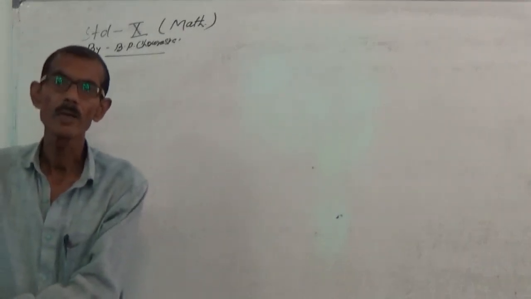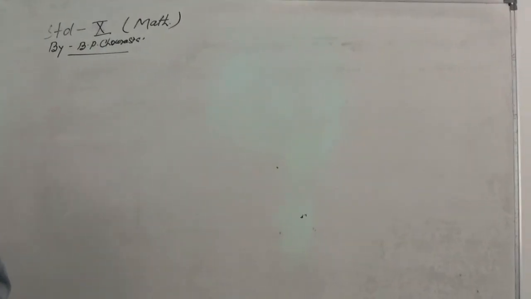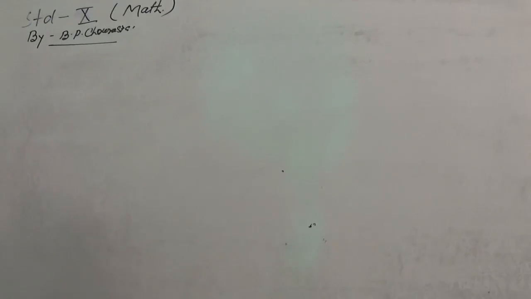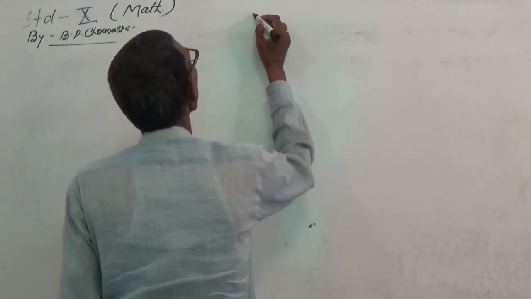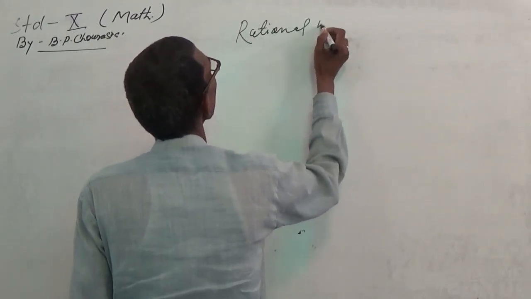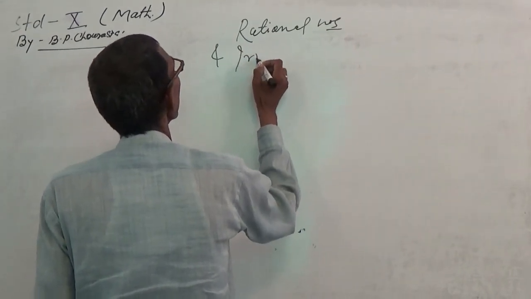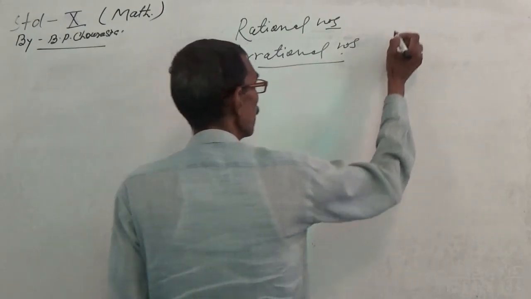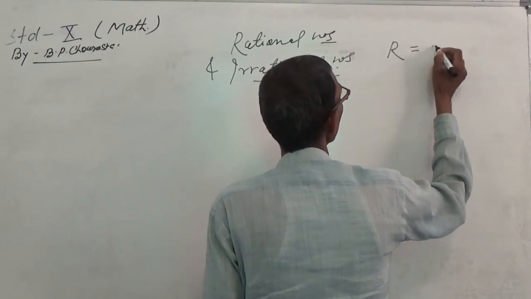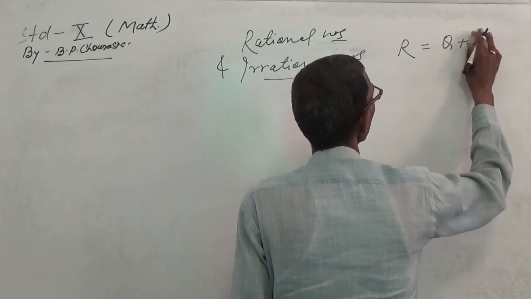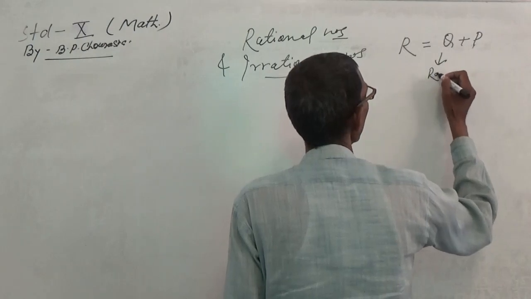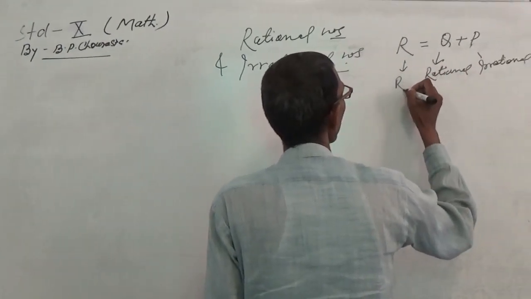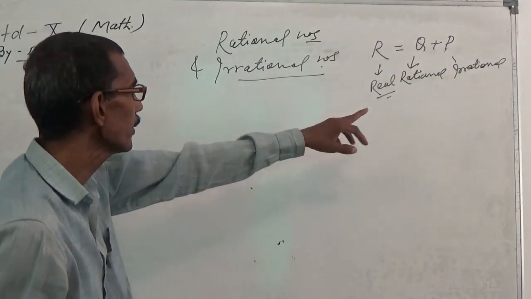During the previous class, you have already learned some theorems and concepts about rational numbers and irrational numbers. Now I want to discuss rational numbers and irrational numbers.